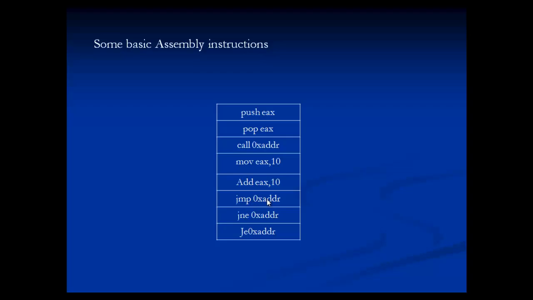What it does is jump the flow to a specific address. And the next one is JNE, jump if not equal. It will compare some results, and if they are not equal, then it will jump to some specific instruction. Similarly, if the comparison is equal, it will jump to a specific instruction.